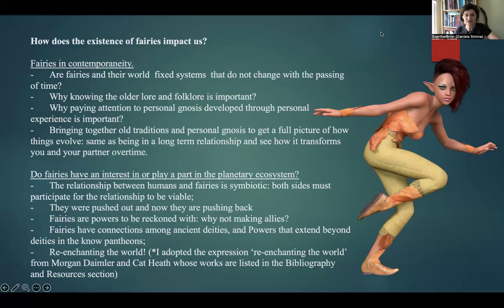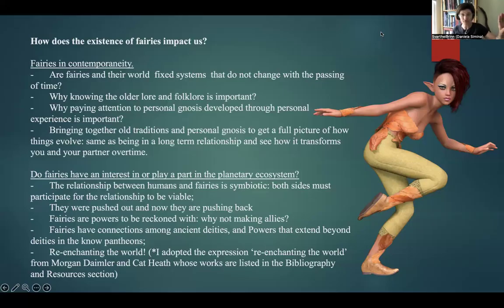Now, do fairies have an interest in or play a part in the planetary ecosystem? In my opinion, and the opinion of other people that I pay attention to, the relationship between humans and fairies is symbiotic. So both sides must participate for the relationship to be viable. Some people have an interest in interacting with fairies, but for whatever reason, for a long time, there's no response from the fairy.